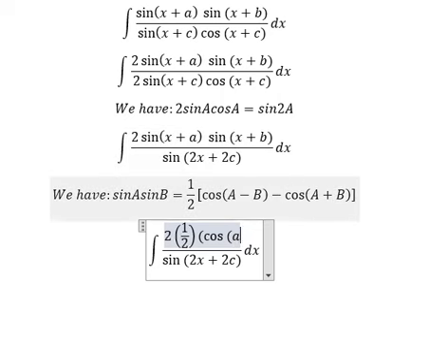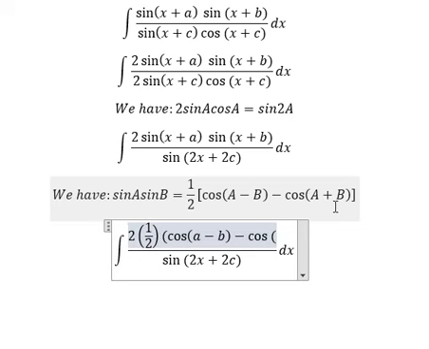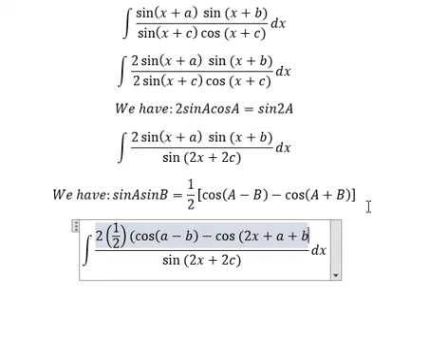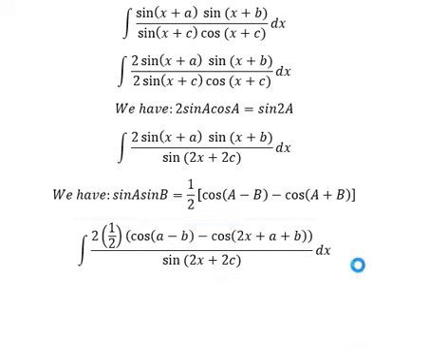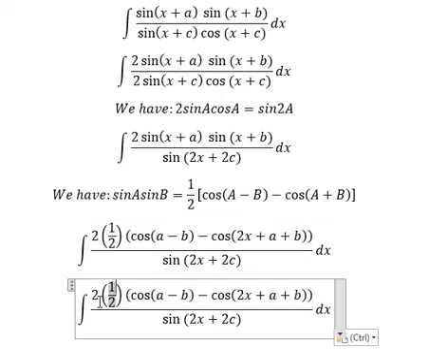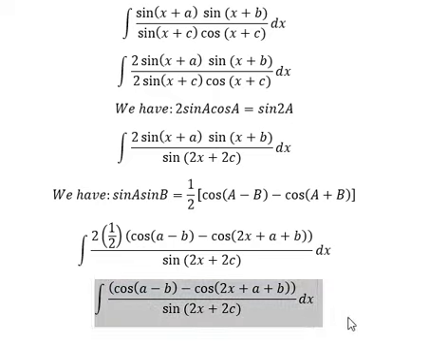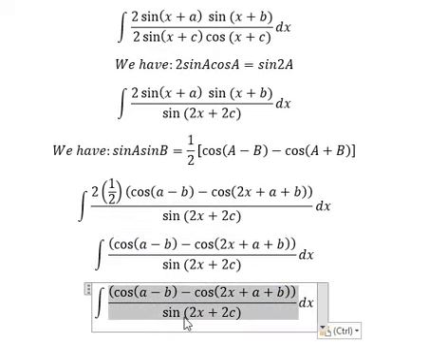So we have a minus b. The next one we have a plus b. So we have 2s plus a plus b. Now number 2 and 1 over 2 we cancel. So in this one we can put like this.